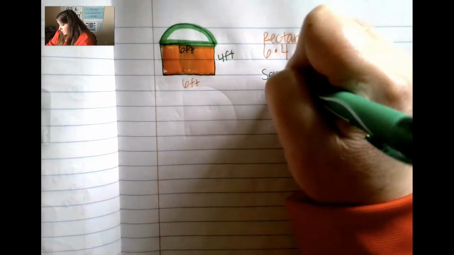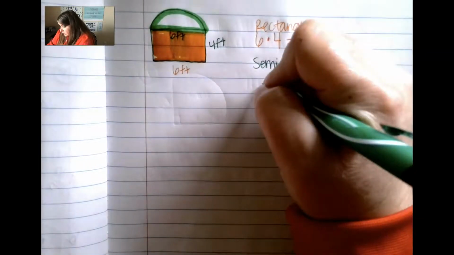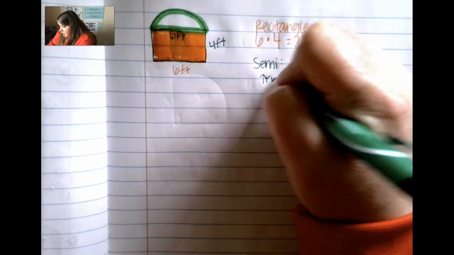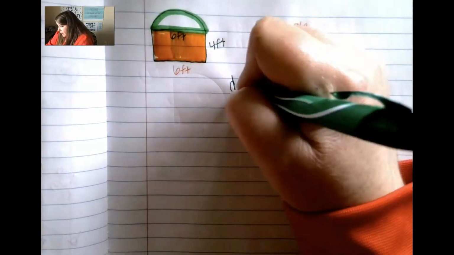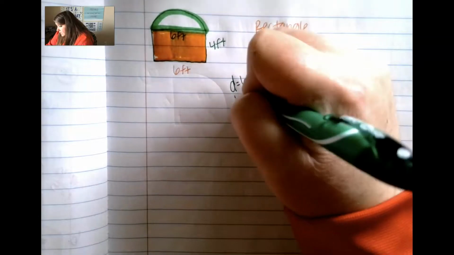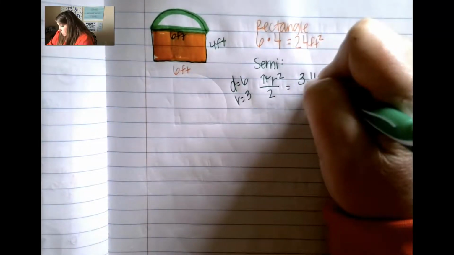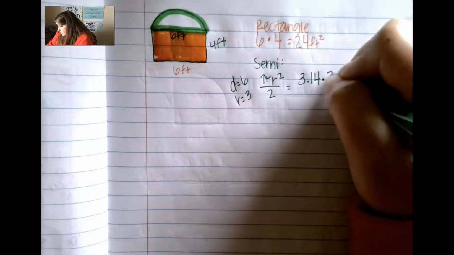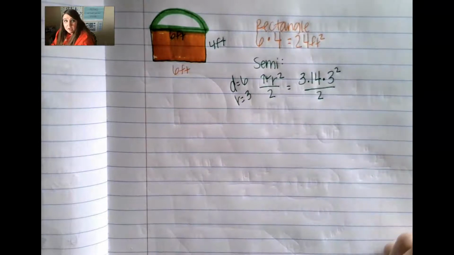And the semicircle is pi r squared divided by 2. Right now I have a diameter of 6, which means that my radius is 3. So I'm going to multiply 3.14 times 3 squared, and then I'm going to divide that by 2.